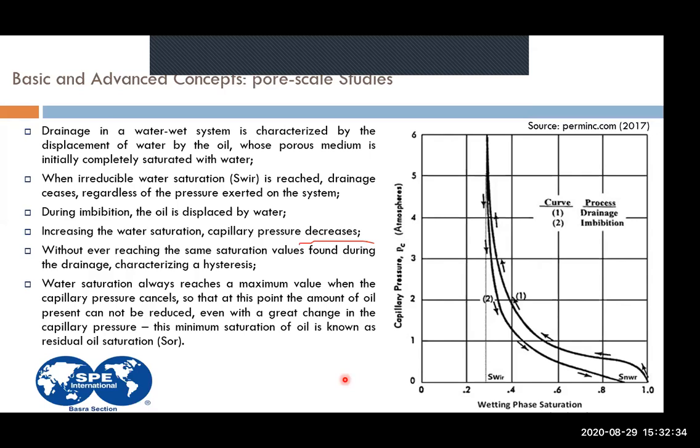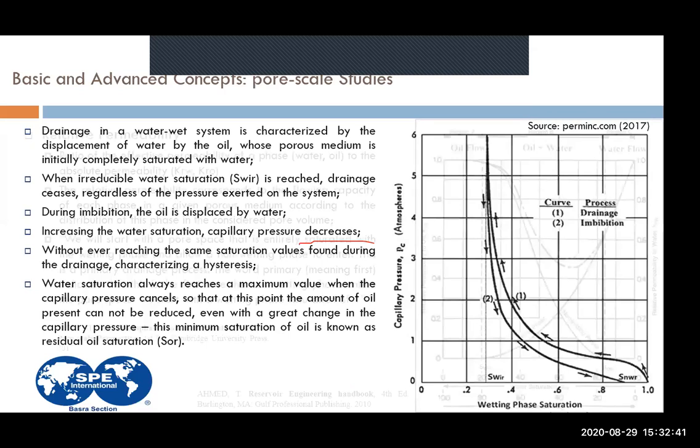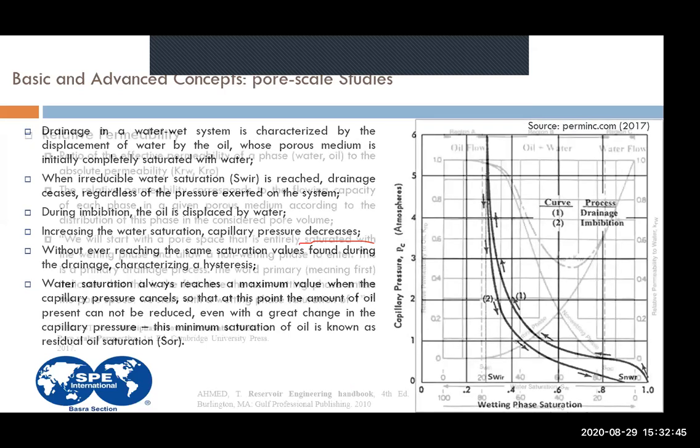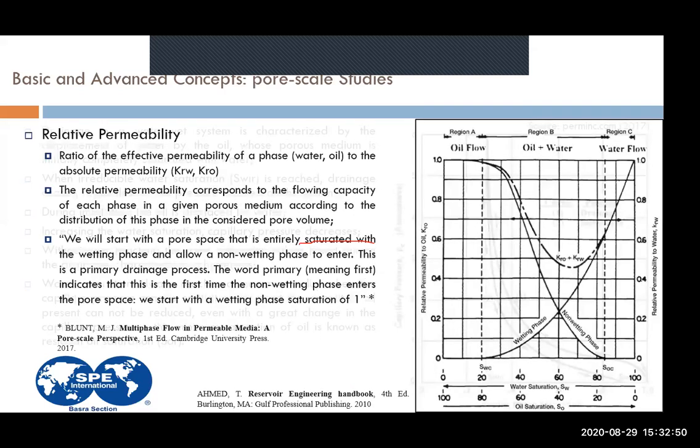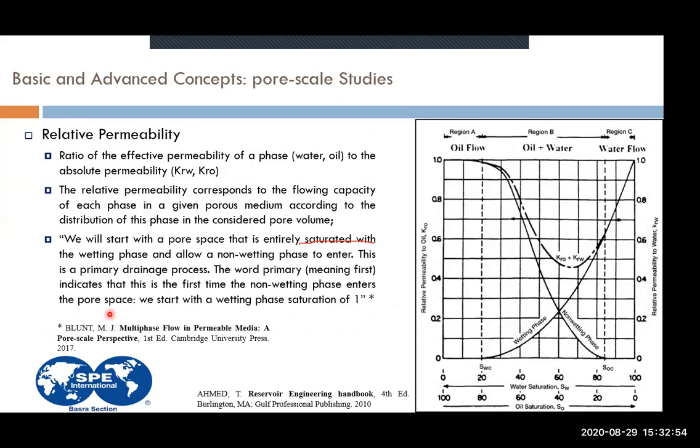So in the next slide, I would like to show, I just copied here from the professor's book, the drainage process, because it's really important when you think about the relative permeability or the PC curves, for example. We have to be aware and not misunderstand some of the ideas. So I'm just keeping it simple as he wrote in his book.